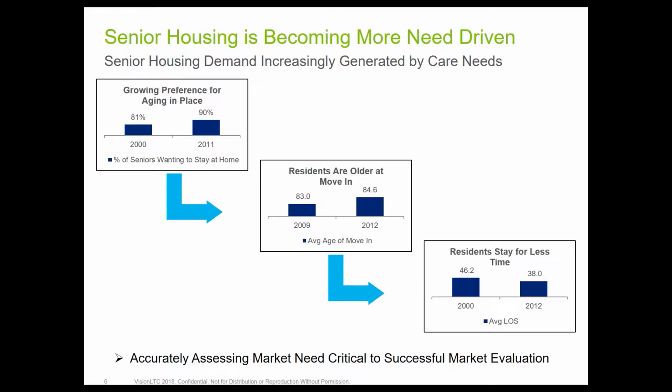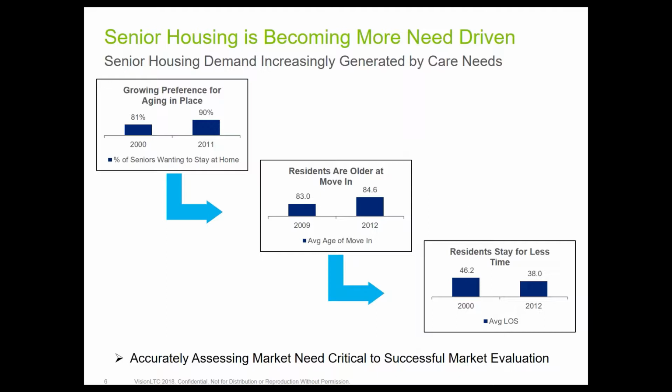As many of you likely know, the senior housing industry is becoming more and more need-driven. Surveys of seniors routinely indicate that they are dedicated to staying in their own homes as long as possible, and there's a real generational increase in that sentiment as you look at the boomer population. So folks are staying at home longer, and we're seeing that start to percolate through the data.